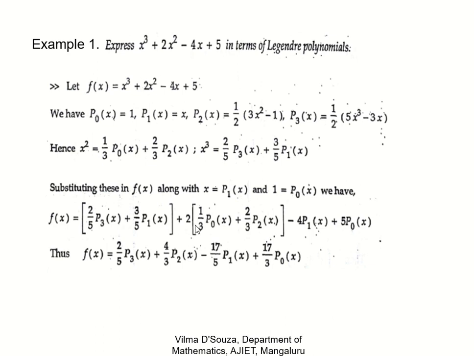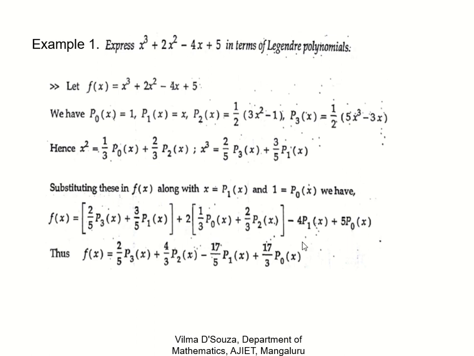So plus 2 into x square, 1 by 3 into P0 of x plus 2 by 3 into P2 of x, minus 4x. So minus 4 into what is your x? P1 of x, plus 5, a constant. So 5 into 1, 5 into P0 of x.